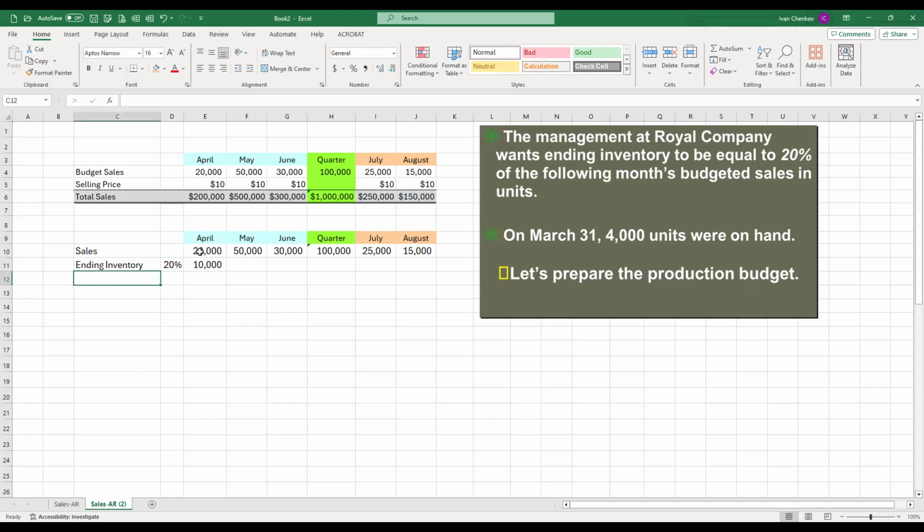Yes. So that means I need to have 30,000 available. Correct? But I already have a beginning balance from the previous month, correct? Yes.